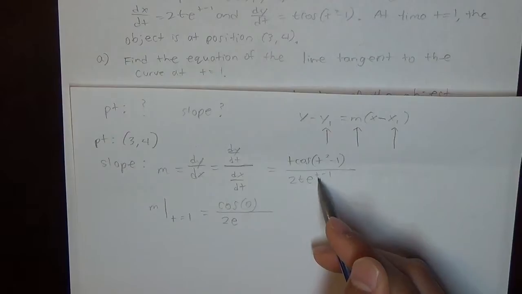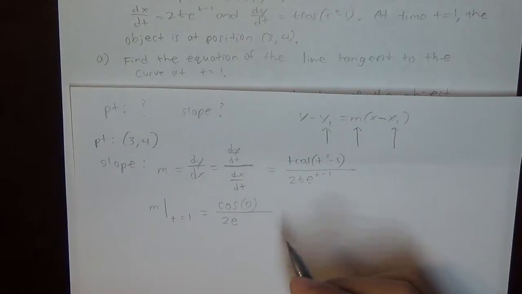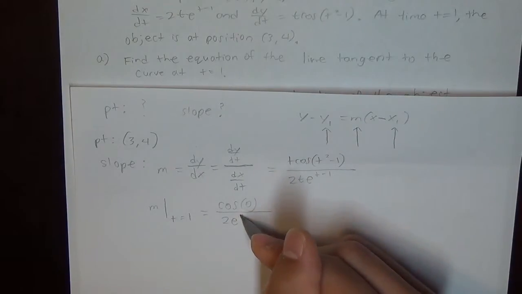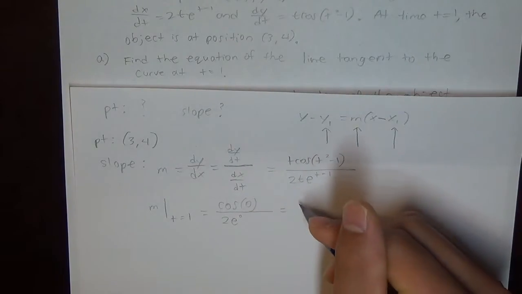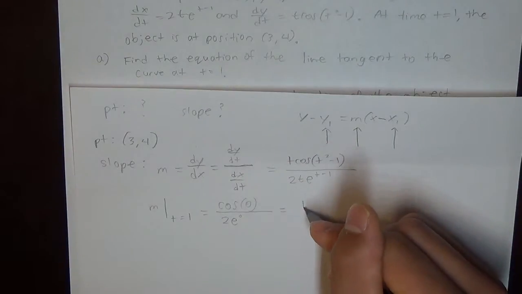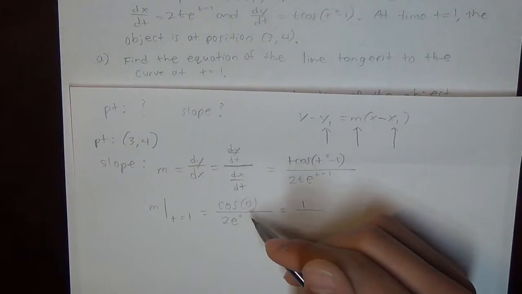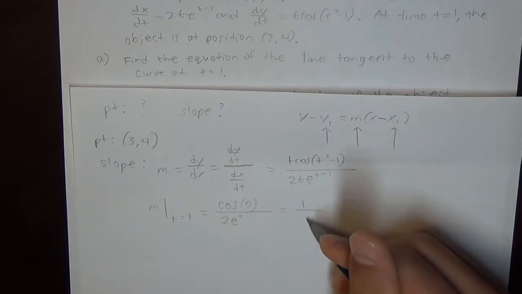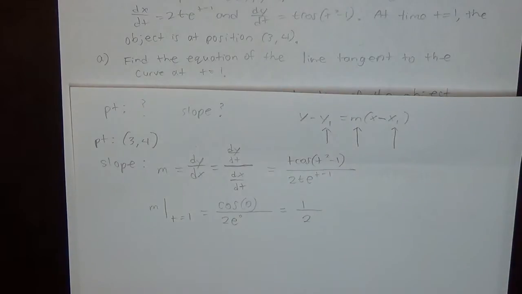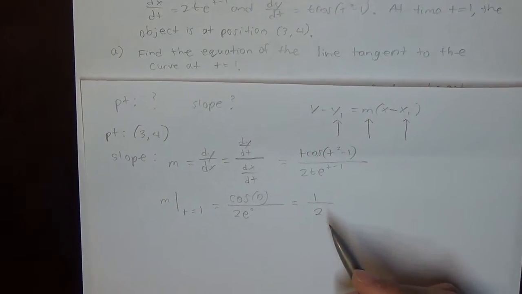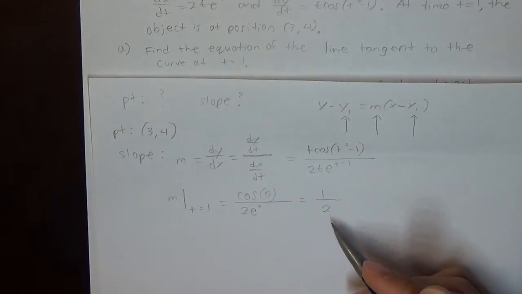When you plug in 1 for t here, you get e to the 1 minus 1, which is e to the 0. E to the 0 is just 1. So cosine of 0 is 1, and 2 e to the 0 is just 2. So we got our point and we got our slope.